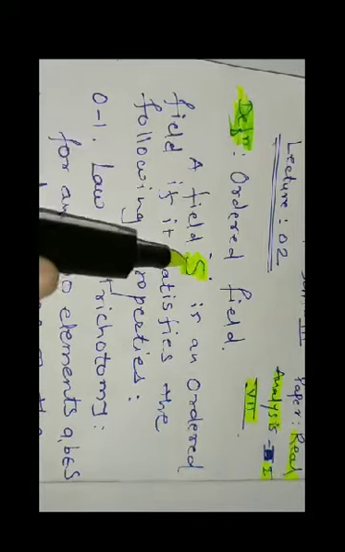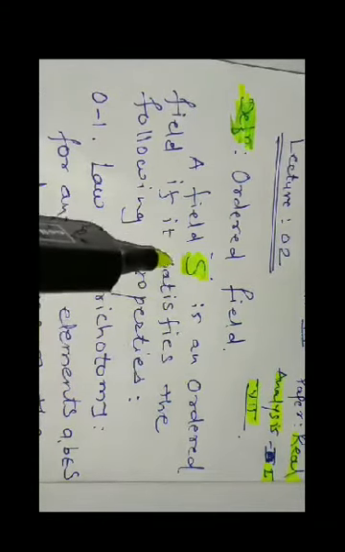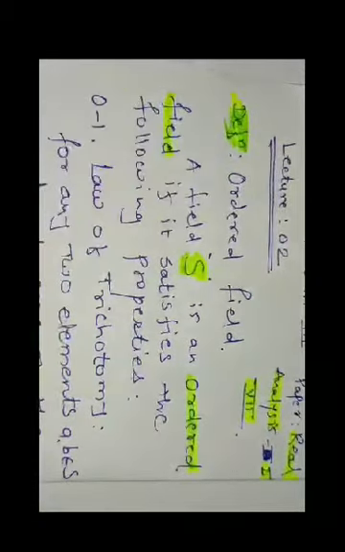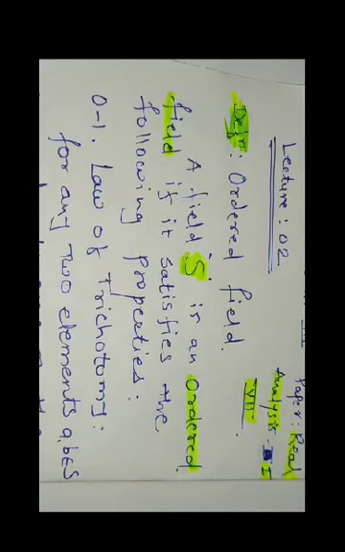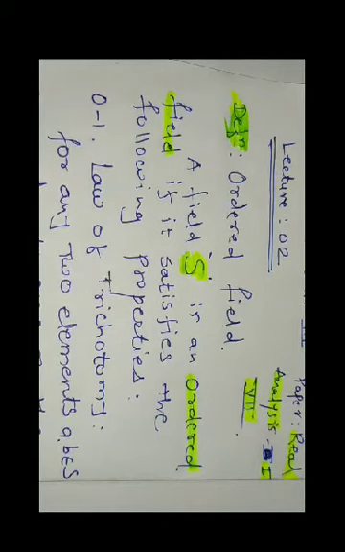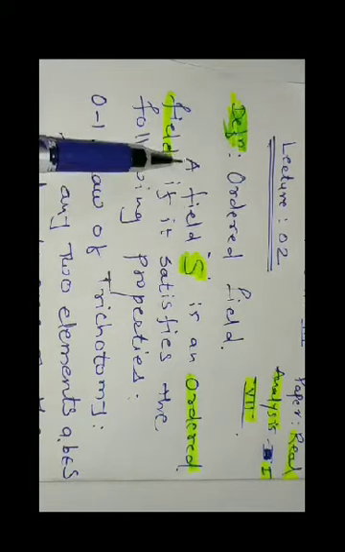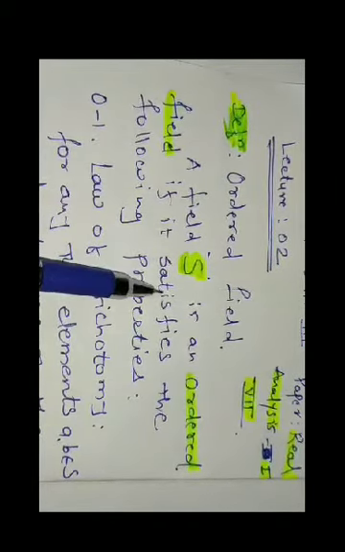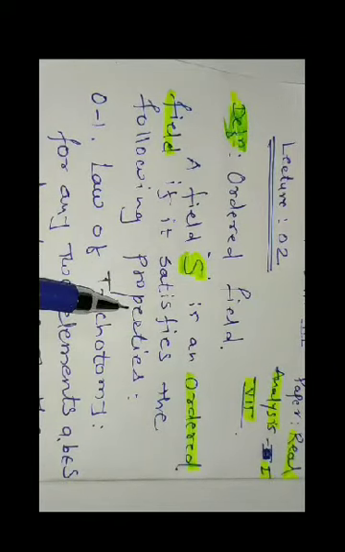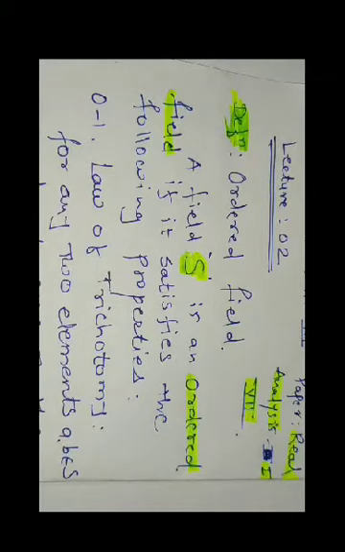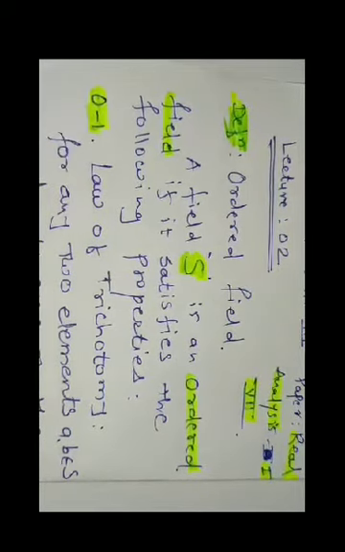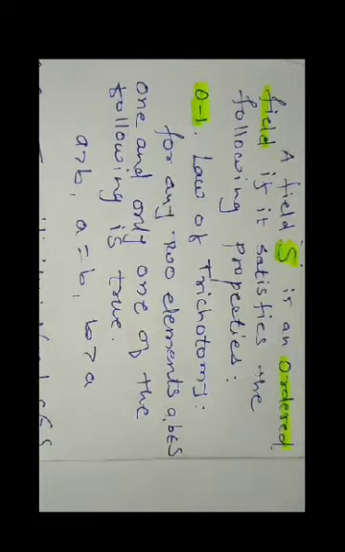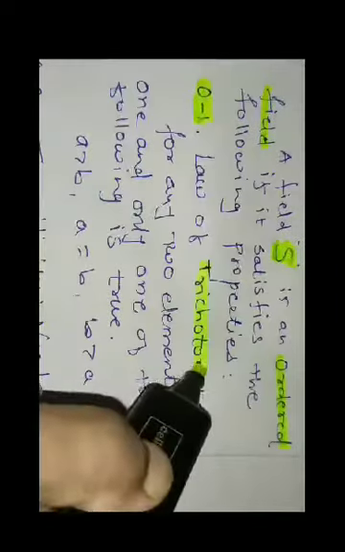Now we discuss here: a field S is an ordered field if it satisfies the following properties. The first property we indicate by O1, that is the order field property first, and that is the law of trichotomy.